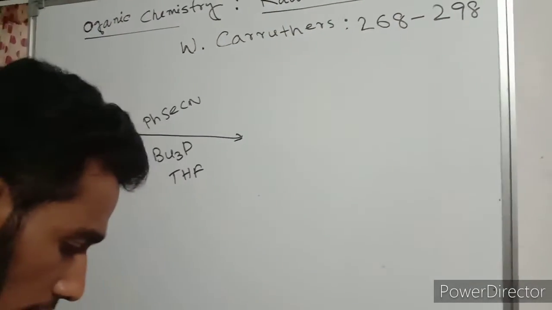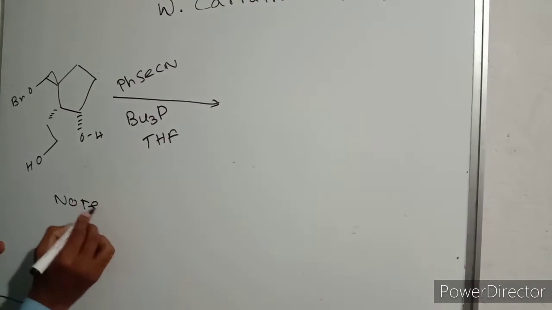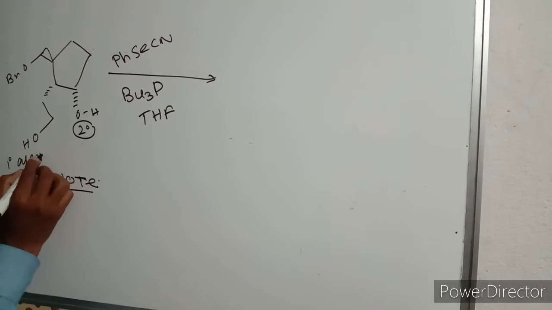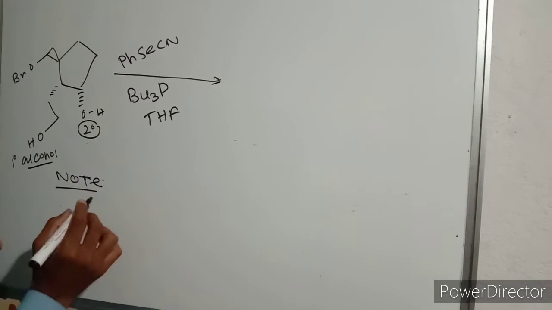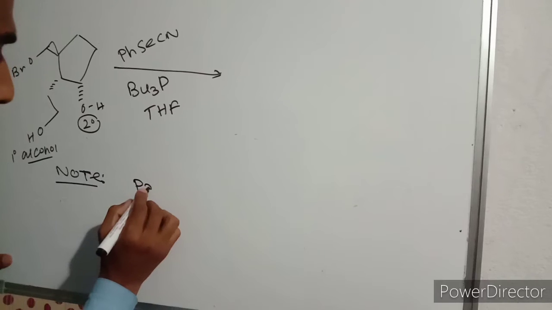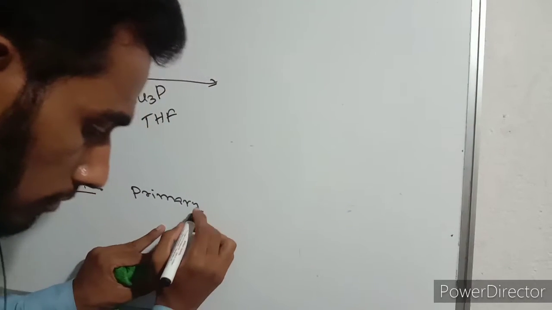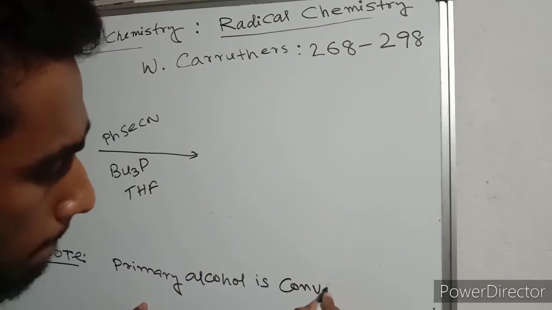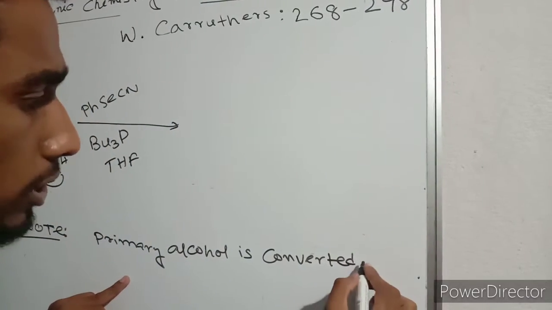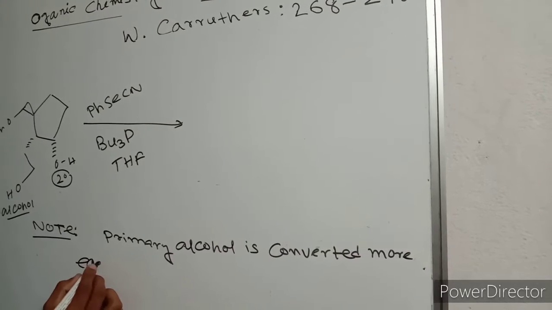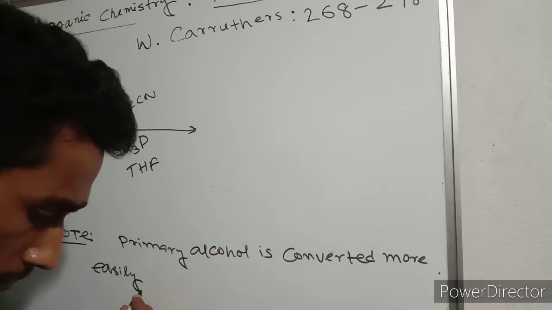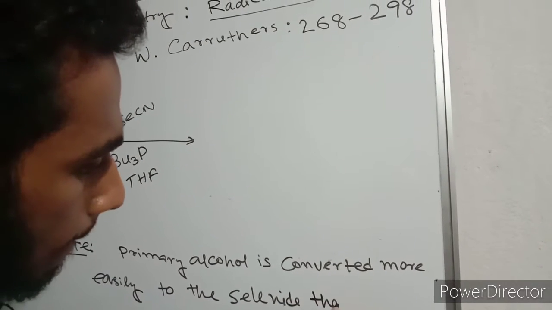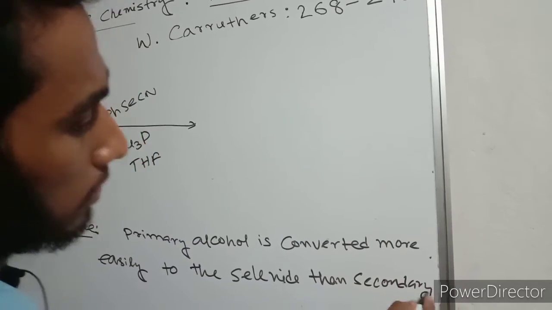Note that a primary alcohol is converted more easily to the selenide than a secondary alcohol. This is a secondary alcohol, this is a primary alcohol.